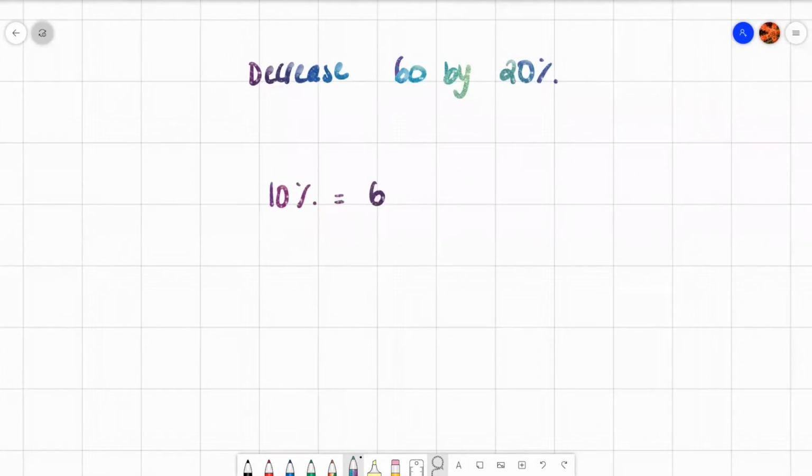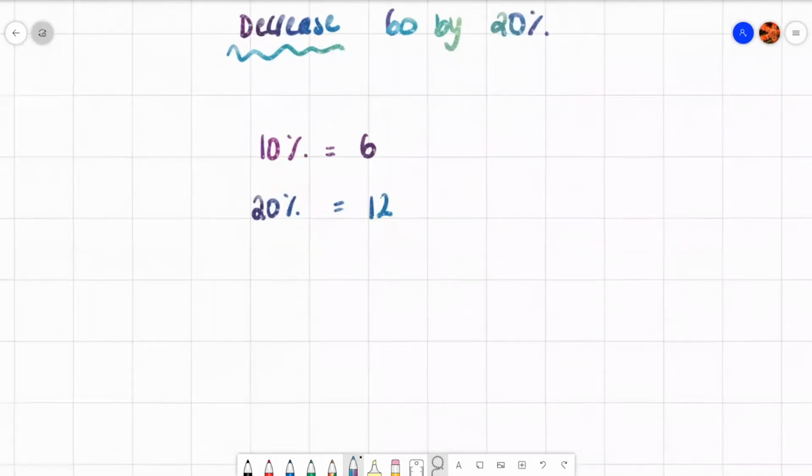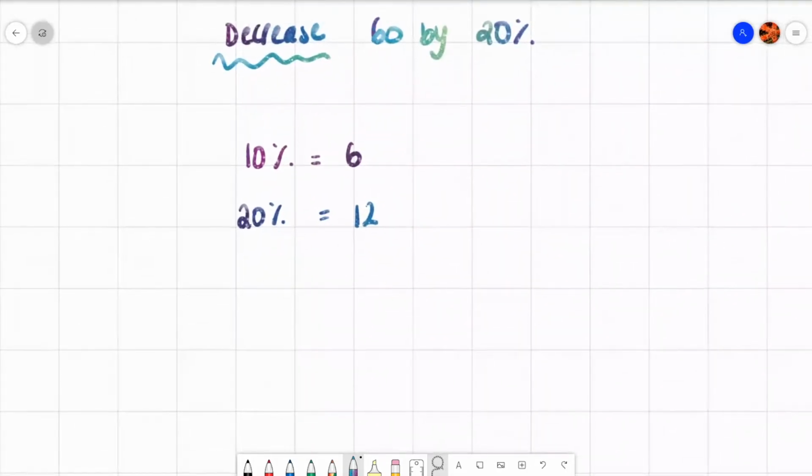And then you would work out 20% by doubling that, which would be 12. Now it's decrease, which means you need to subtract. So I would do 60 take 12, and end up with 48. That is the most common method.